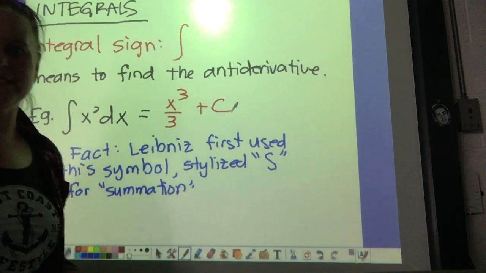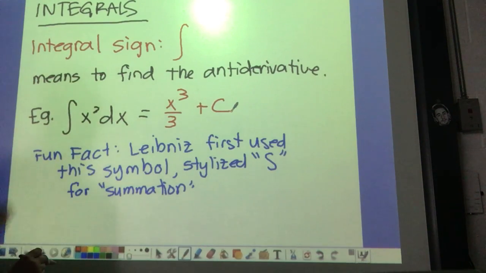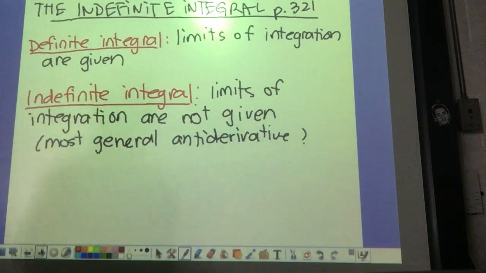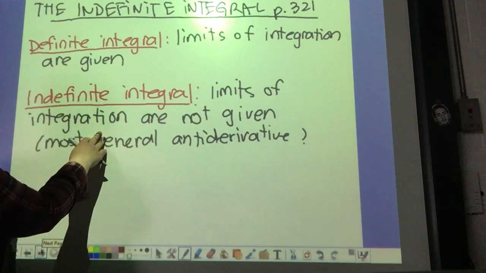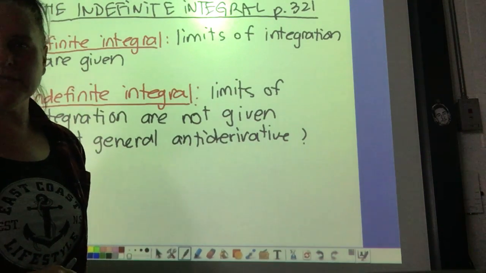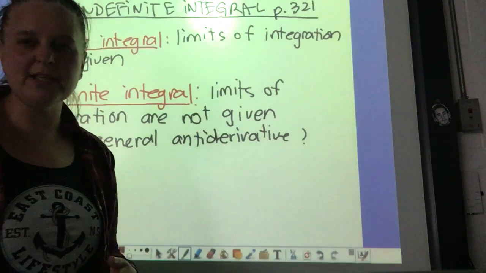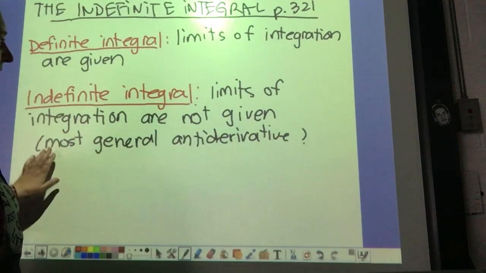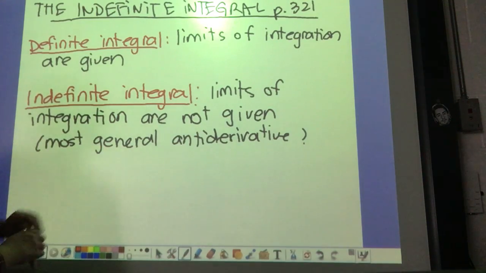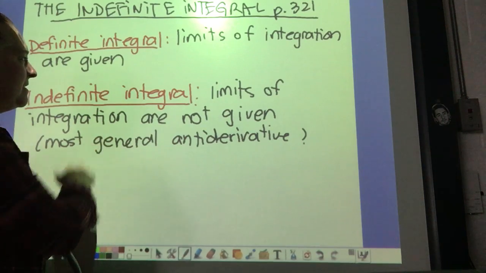Today's assignment is easy because you actually know how to do integrals if you know how to do antiderivatives. There are two different types of integrals: definite and indefinite. A definite integral gives you the limits of integration and an indefinite one does not. If you're given the limits, that's definite. If you're not given the limits, that's indefinite.